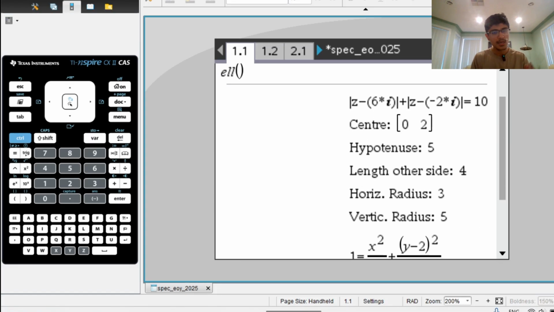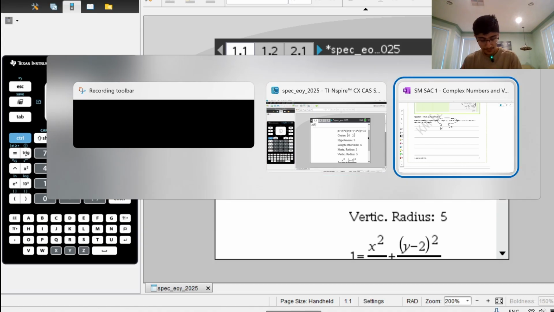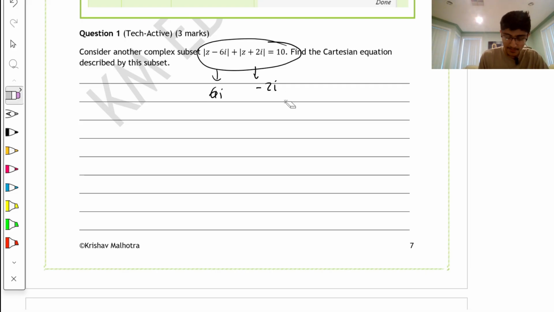And I can then use this to sort of copy out some of the working. So if this was a SAC, I'd probably draw a diagram still because it's step 1. So I draw my diagram like this, 6i, minus 2i, and I draw my ellipse.